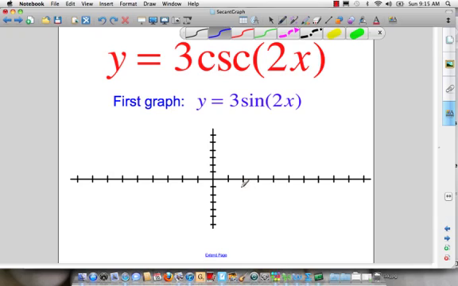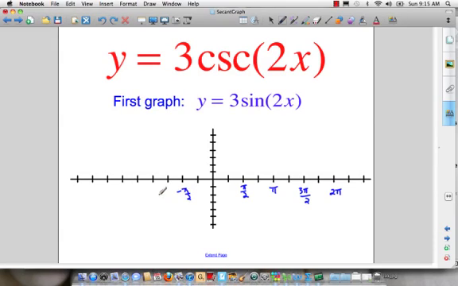I'm going to say this is pi over 2, pi, 3 pi over 2, and 2 pi, and then same units on this side, negative pi over 2, negative pi, negative 3 pi over 2, and negative 2 pi.